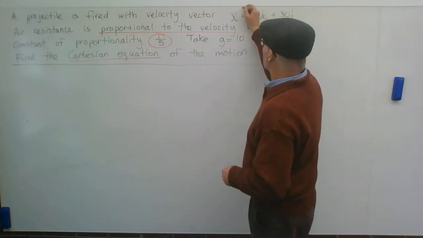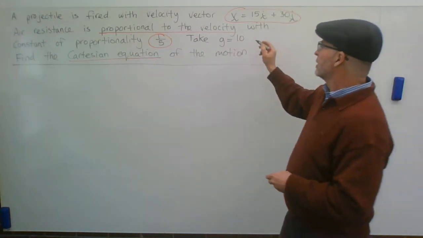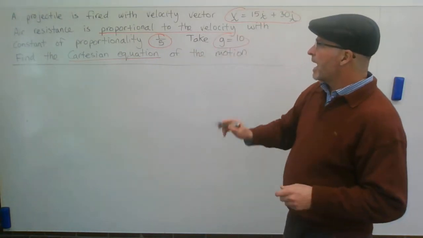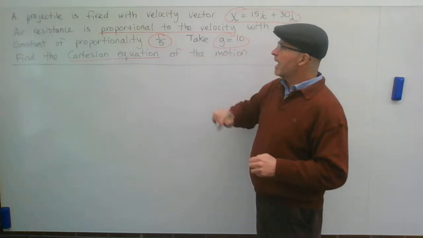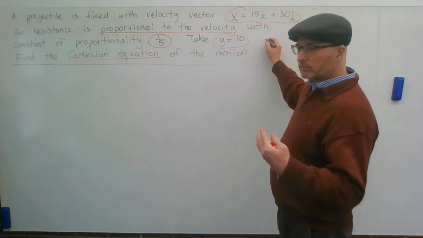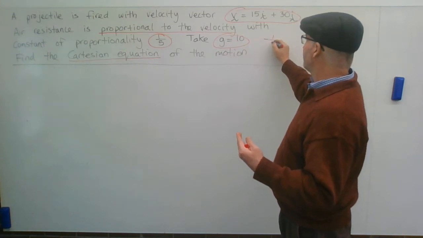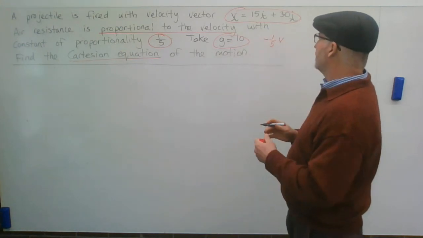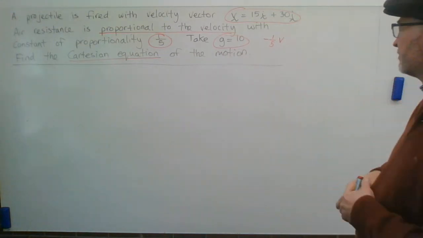So here's our velocity vector, 15i plus 30j. We've got to take gravity as 10, and we've been told that the air resistance is proportional to the velocity and the constant of proportionality is 1/5. So basically, you've got minus 1/5 of v as your drag, your wind resistance.